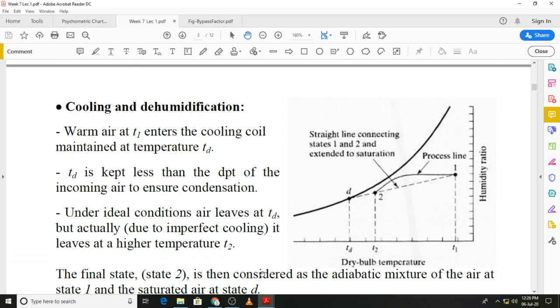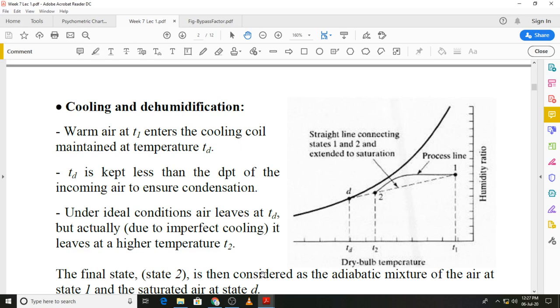So what we have physically is that there is a cooling coil in which we have a cold fluid circulating inside tubes, and air at a relatively high temperature is made to pass over that cooling coil.